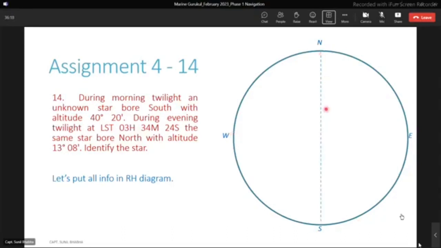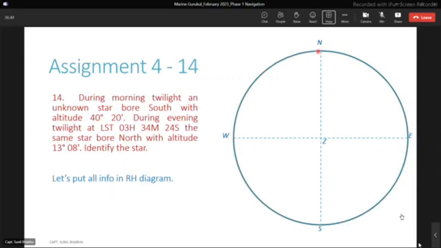We can join N and S, and join W and E. The point of intersection gives us the center of the circle, which is the zenith. So the center of this diagram represents the zenith of the observer. The circumference represents the rational horizon of the observer.